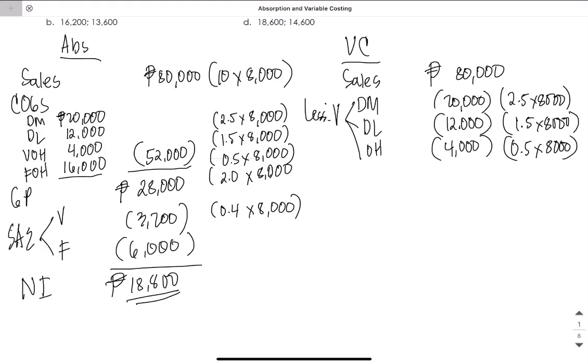This is for the benefit of those who did not easily get the computation that we had last time. When we deduct all these variable manufacturing costs, there's another item, which is what we call the manufacturing margin.